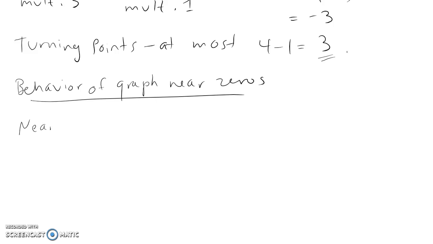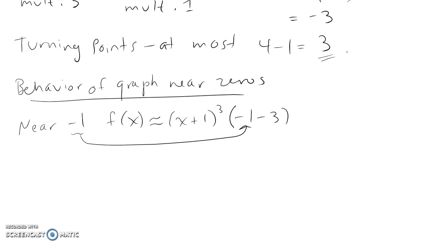So I'm going to take our two zeros. Near -1, our f of x is going to be approximately x plus 1 cubed times -1 minus 3. Notice what I've done: I took our zero and plugged it into the factor that does not involve the place where I got the zero, because the factor where I got the zero would give me 0 if I plugged it in.